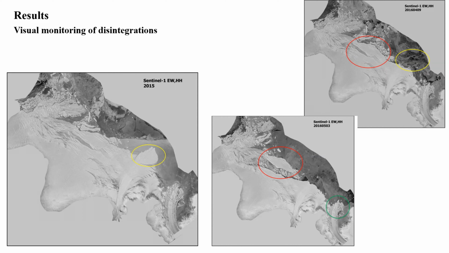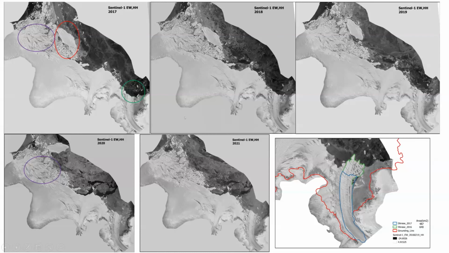So from 2015 onwards, in the Sentinel-1 2015 image you can see that then in 2016 there was an iceberg; this part was totally detached from this part. Here also in 2016 there was major loss caused to this Prince Harald Coast, and further we are monitoring this disintegration.